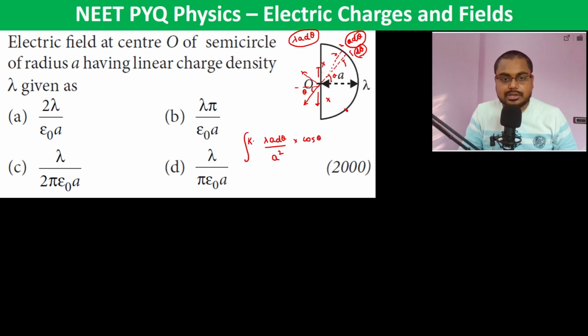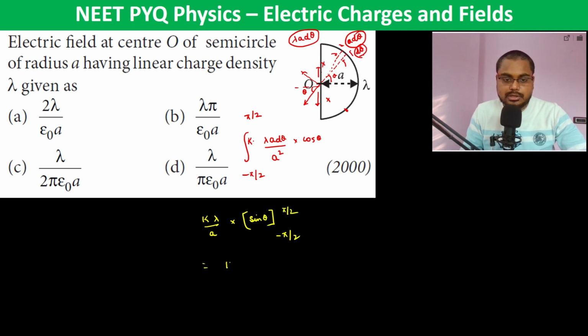Theta goes from minus pi by 2 to pi by 2, so this becomes k lambda by a into the integral of cos theta, which is sine theta from minus pi by 2 to pi by 2.